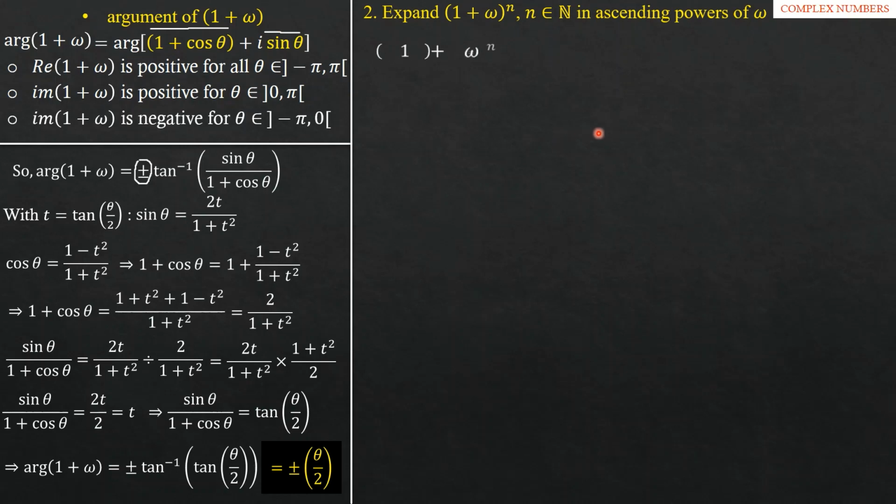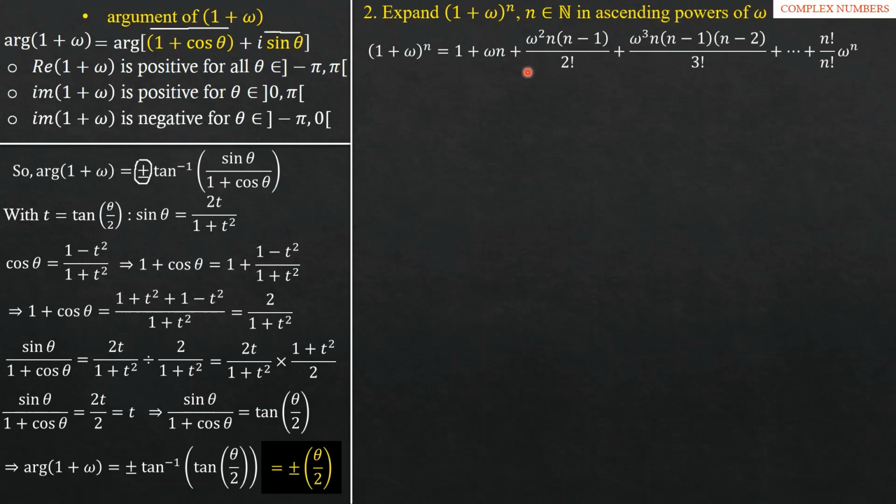So it is basically the binomial expansion of 1 plus something raised to the power n. I believe this is not difficult to understand. Even the formula book, you can find it.